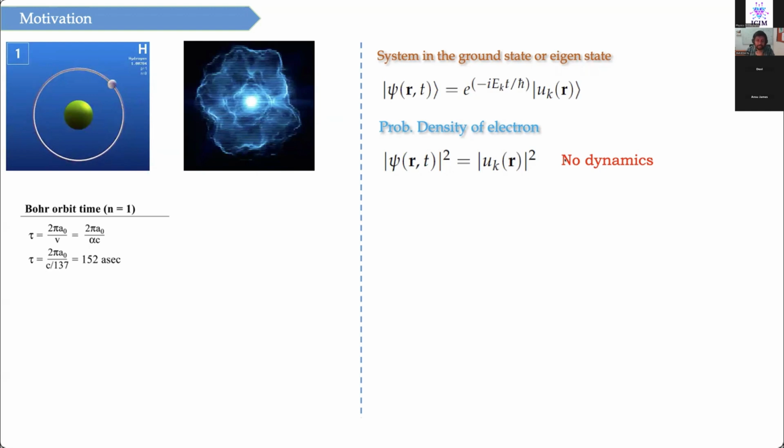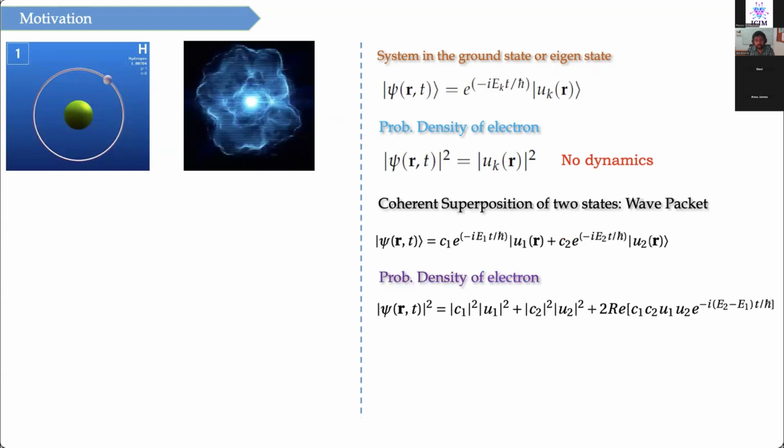Now the question is that with one orbital, you can't have any dynamics. What you need is a coherent superposition of two states, which is a wave packet. Simply, it means that if there is a transition between one level and the other, the transition or superposition can be represented by the combination of these two levels. Then take the probability density of the electron.